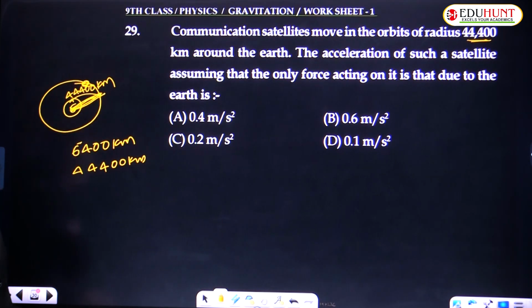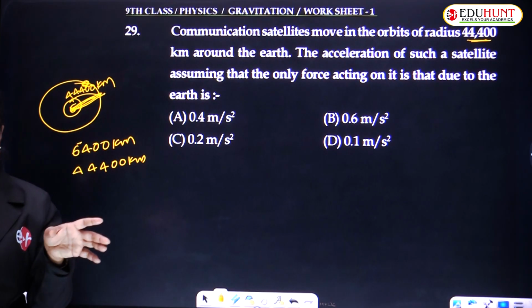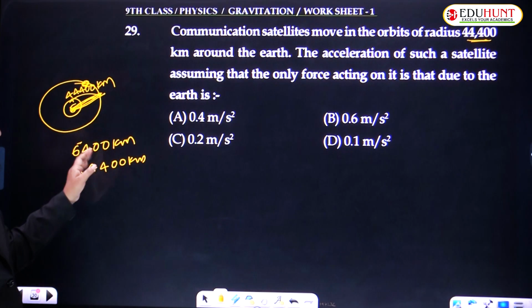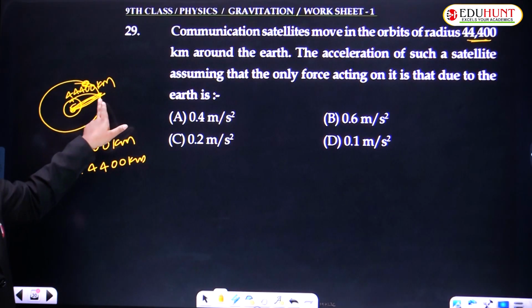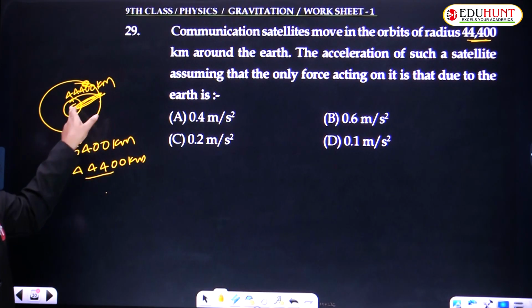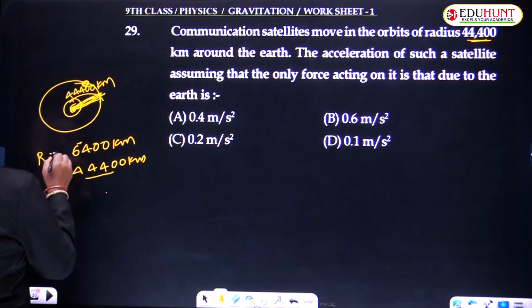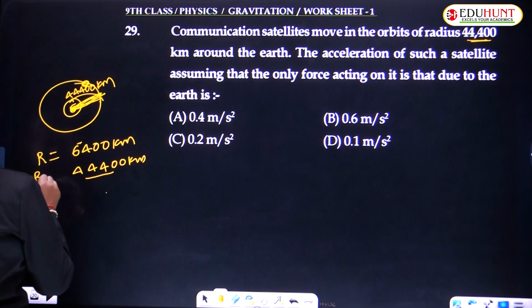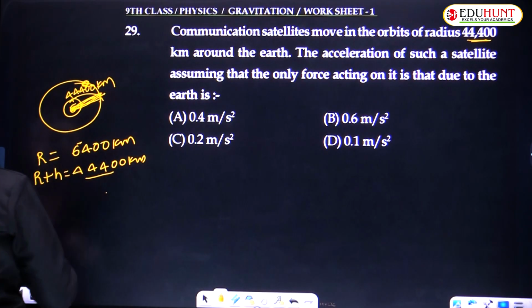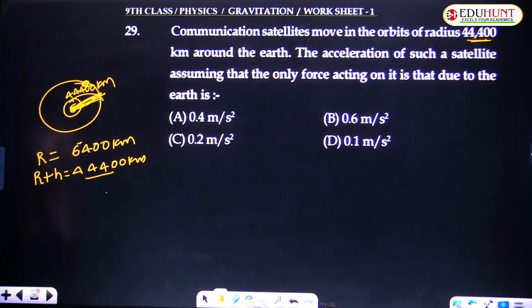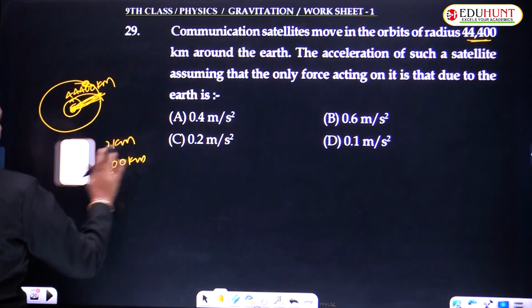If the value of h is very less when compared to the radius of the Earth, then we can consider it as r plus h, but it is very large, so directly you can consider it from the center of the Earth. So, r is 6,400 kilometers, r plus h itself is 44,400 kilometers. This must be clear, children.